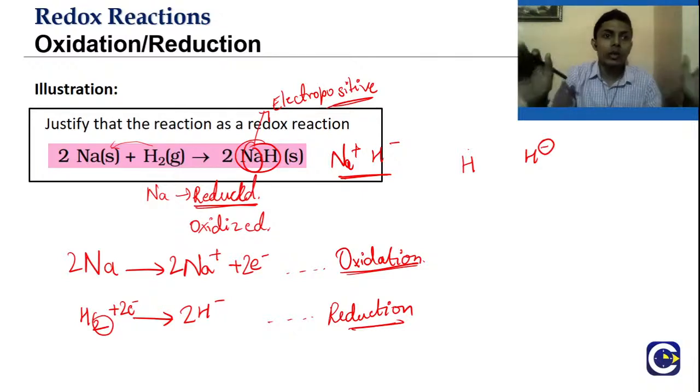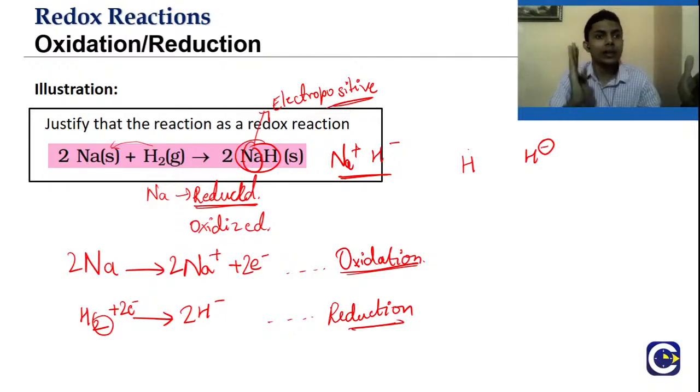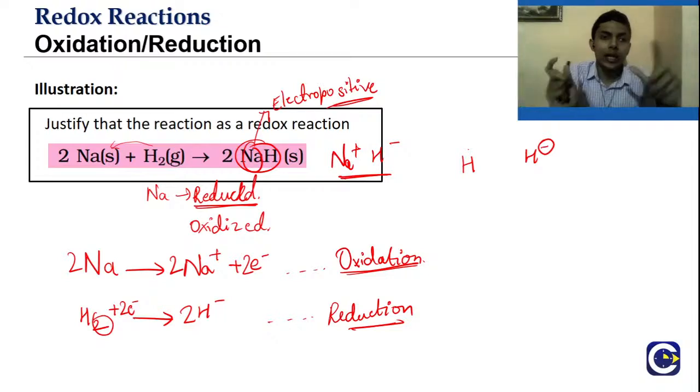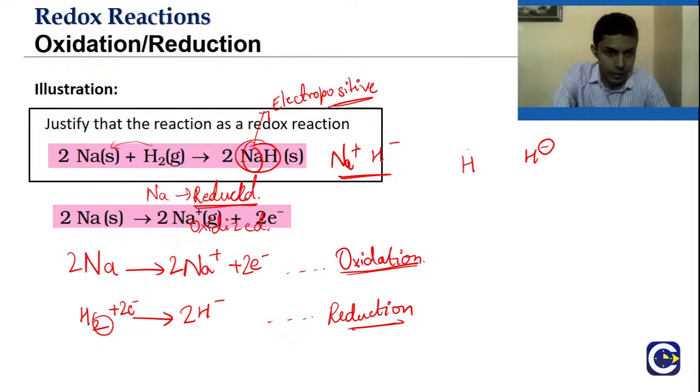Got it? Only if you stick to "attaching hydrogen means reduction" will it be wrong. If you come to the electropositive, electronegative theory, it will be correct. If you come to the electron method, super, it will be perfect. Yeah, so here you can see Na is oxidation, H2 is reduction.